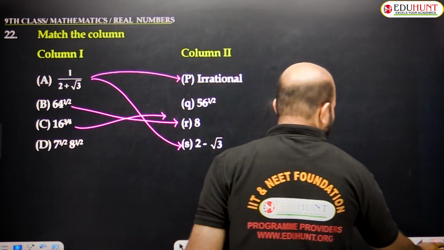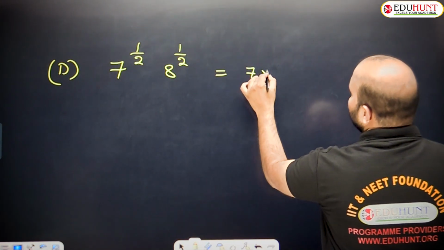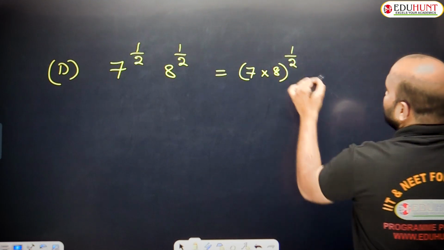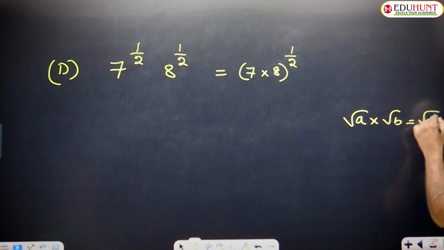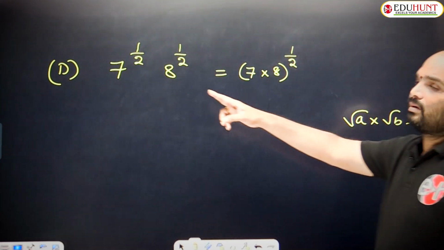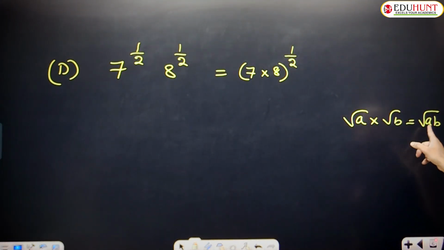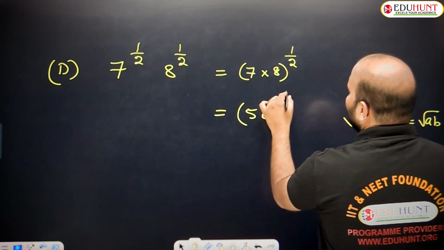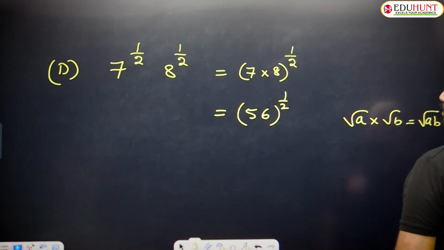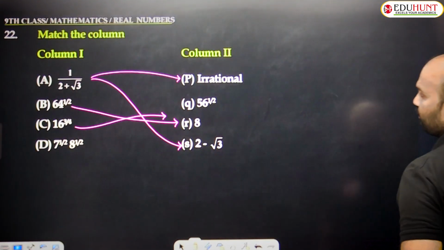Clearly we need to notice that it can be written as 7 into 8 whole power 1 by 2, because root a into root b can be written as root of ab. 7 power 1 by 2 is root 7, and 8 power 1 by 2 is root 8. So root a into root b is root ab. So it can be written as 7 into 8, 56 whole power 1 by 2. So 7 power 1 by 2 into 8 power 1 by 2 equals 56 whole power 1 by 2.